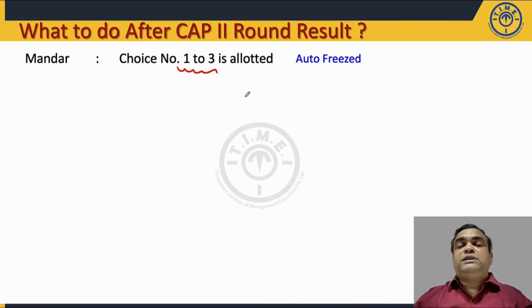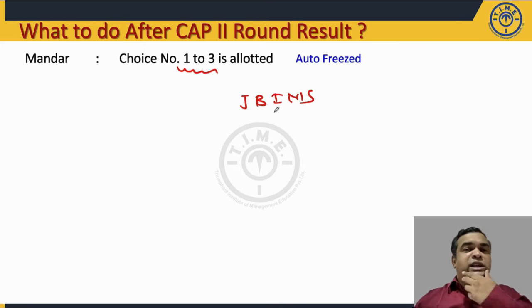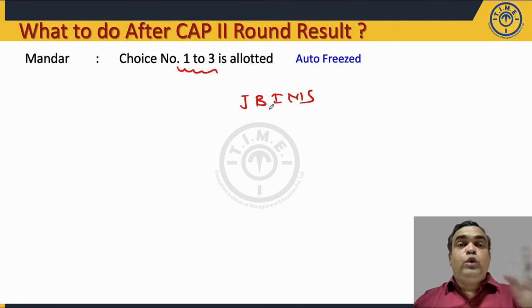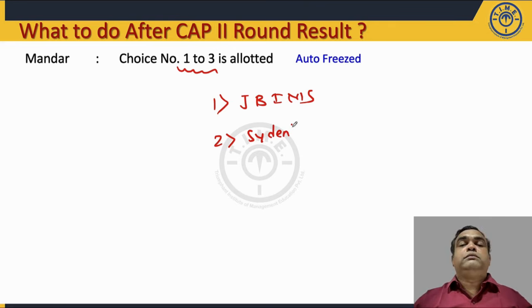See, suppose somebody says, I want admission only in JBIMS. If you want admission only in JBIMS, you're not interested in T.I.M.E or Wellinger, then in cap round 2, while filling, you should fill only one option, JBIMS. Somebody says JBIMS or T.I.M.E is okay, but I'm not okay with Wellinger.